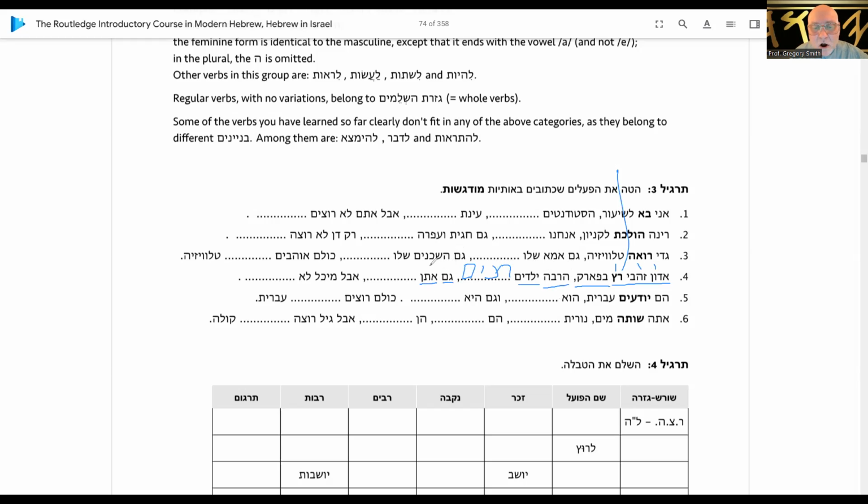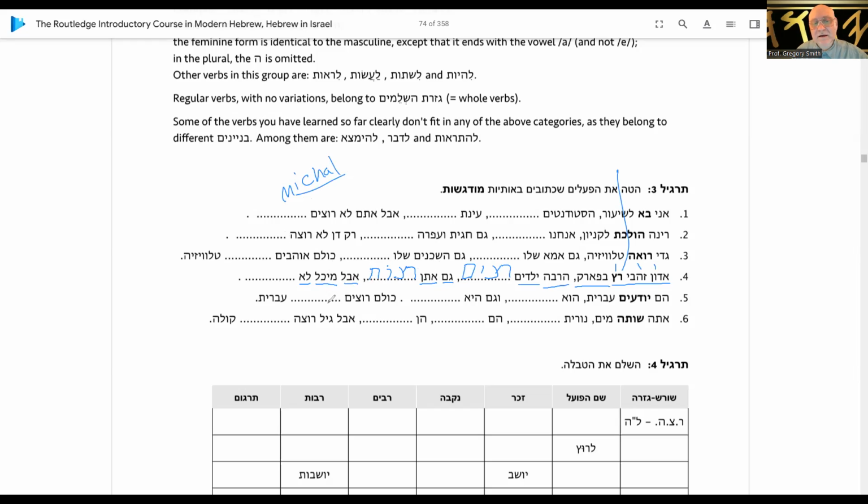Gam aten. Also, you all, look at that, you all, and that's strictly feminine. So that's going to be ratzot. Also, you all are running. Okay, ratzot. Gam aten ratzot. Also, you all are running. Aval Mikal lo, but Mikal, this is like David's first wife.